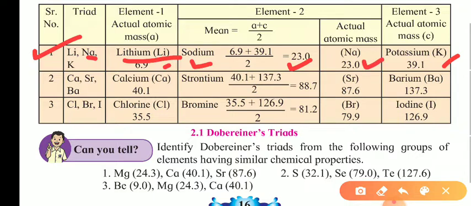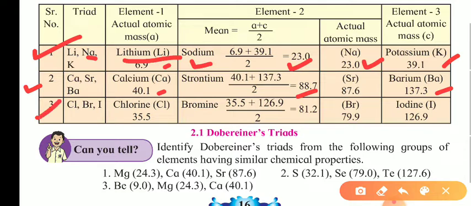Then another triad he gave was calcium, strontium and barium. In that, calcium is 40.1, barium is 137.3, and the average of that is 88.7, and what was calculated later on was 87.6, meaning almost similar.